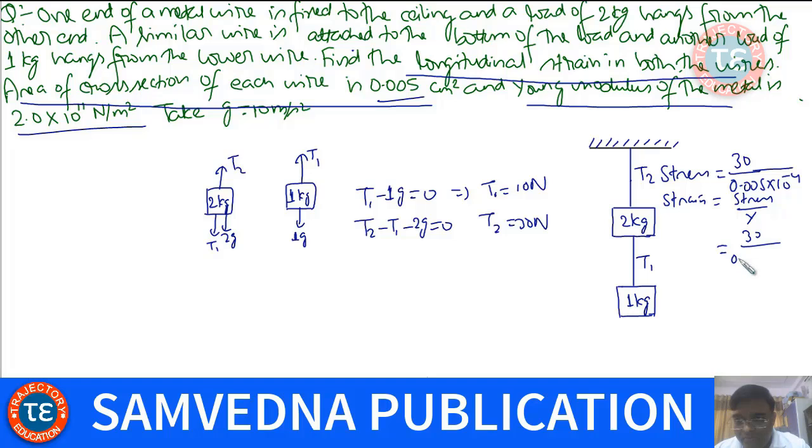So that will be 30 upon the area, into 1 upon 2 × 10^11. So that will give me what? Minus 4, minus 3, minus 7, 4.